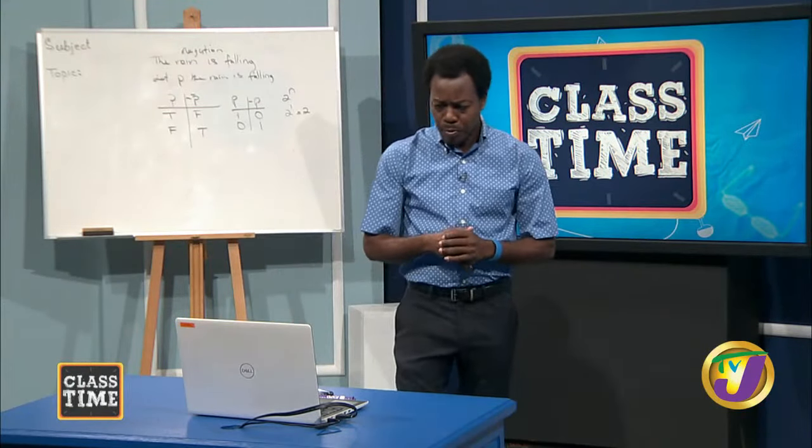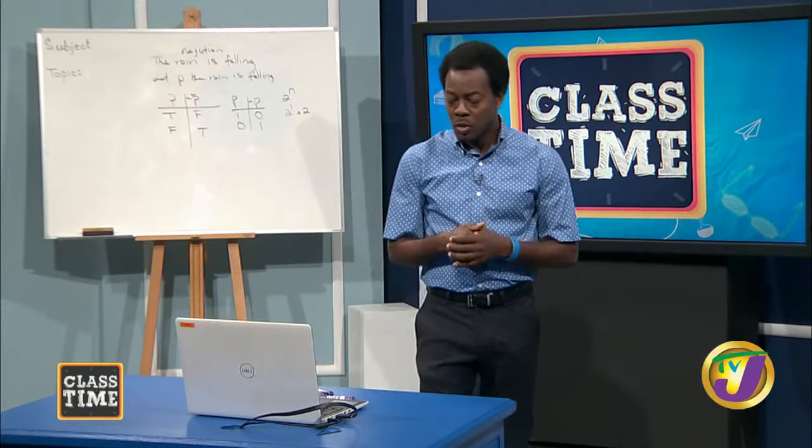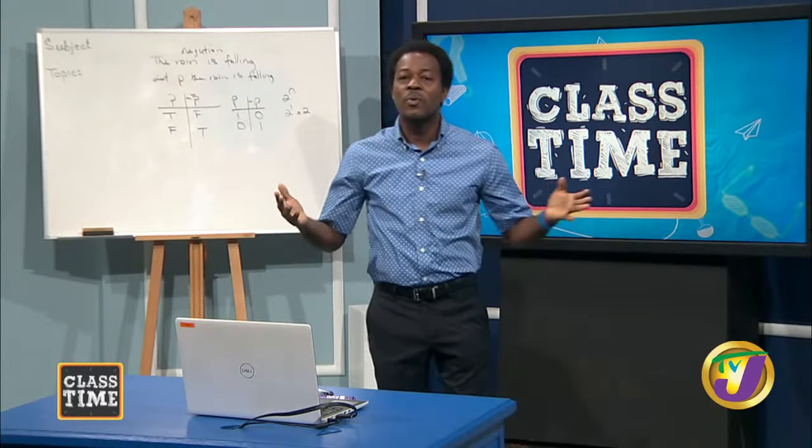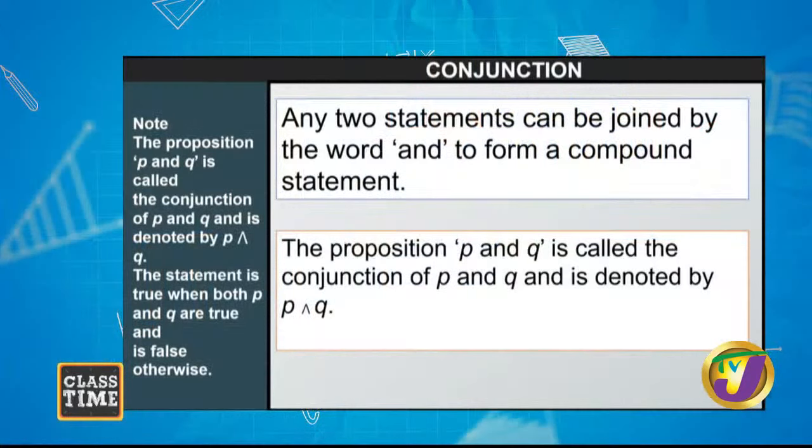Any two statements can be joined with the word and to form a compound statement. That's how we know it's a compound statement. It is joined by the connective and. We normally use the variables P and Q for propositions. The compound statement is called the conjunction.